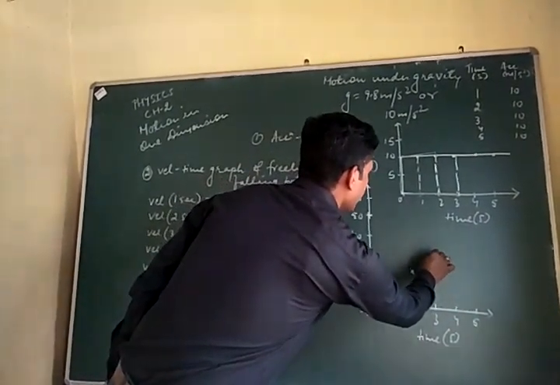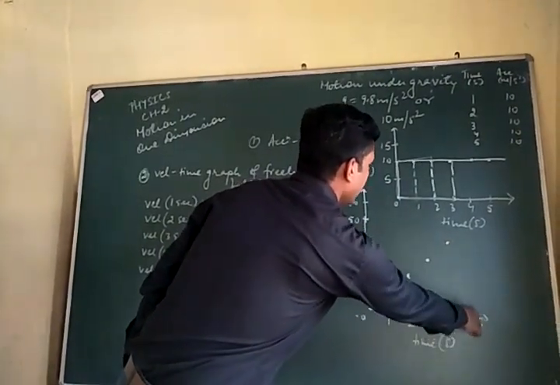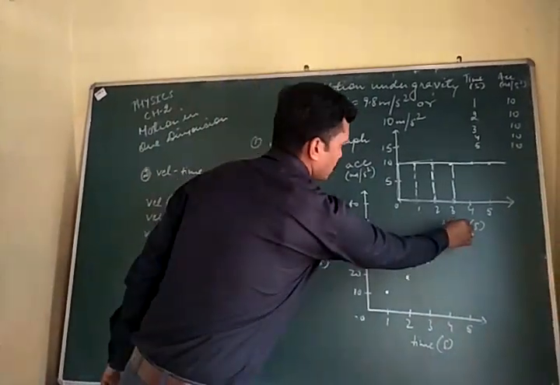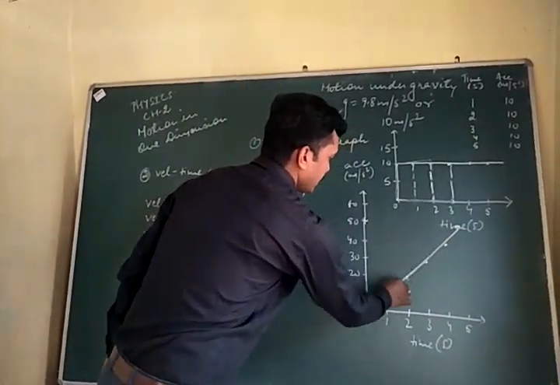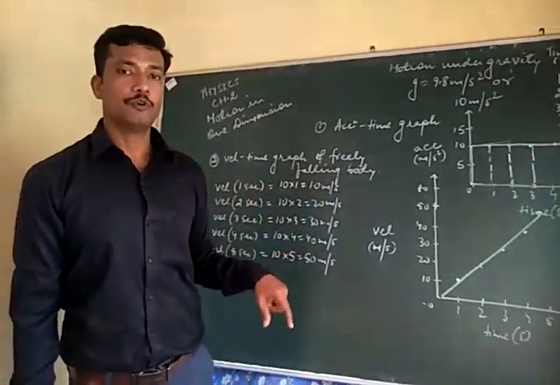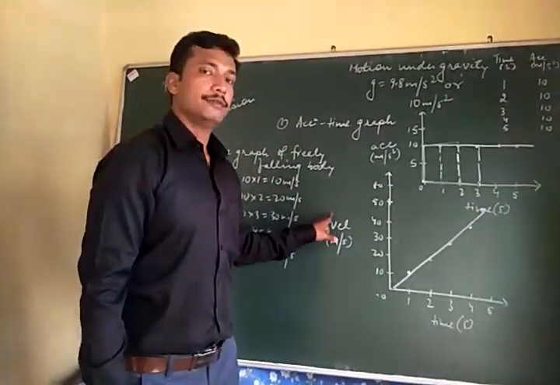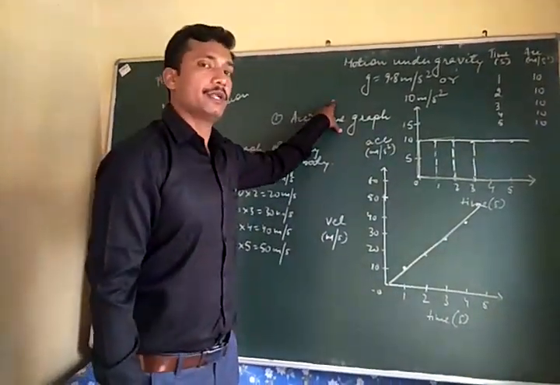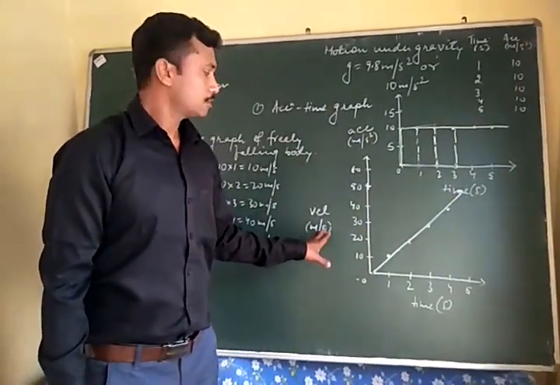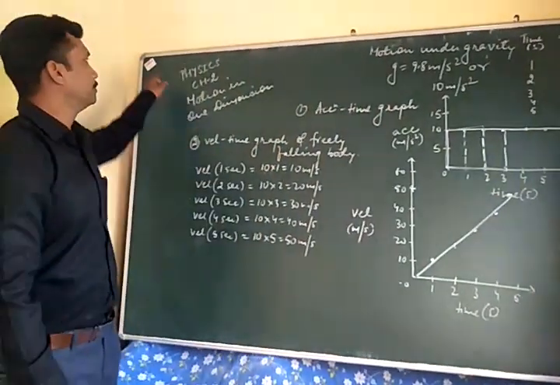Similarly, for 30 meter per second, this is for 40 meter per second, and at the end of 5, we can see it is 50 meter per second. Now when you draw or join all these points, you will get a slope. This graph is called the slope, and this is how we can find the velocity using the acceleration time graph, and also we can plot the velocity time graph using the acceleration time graph.